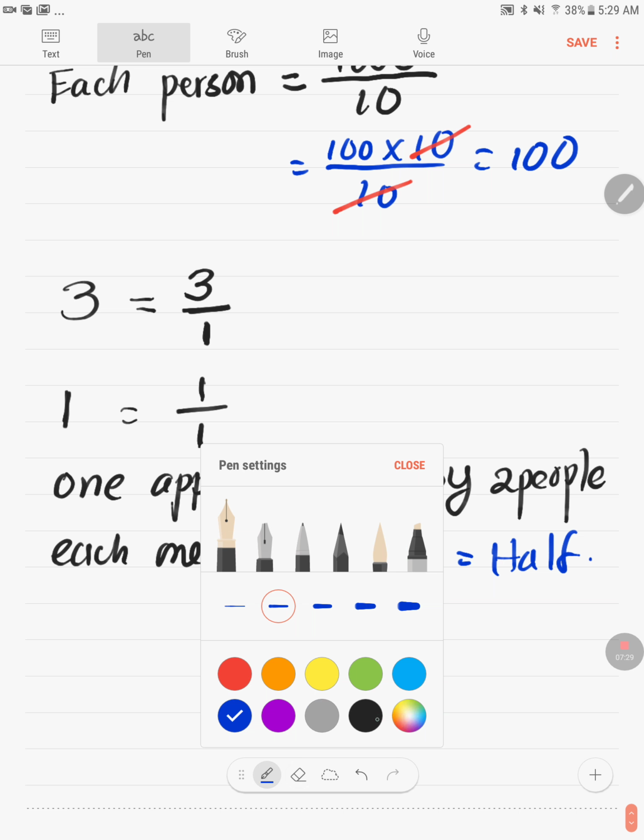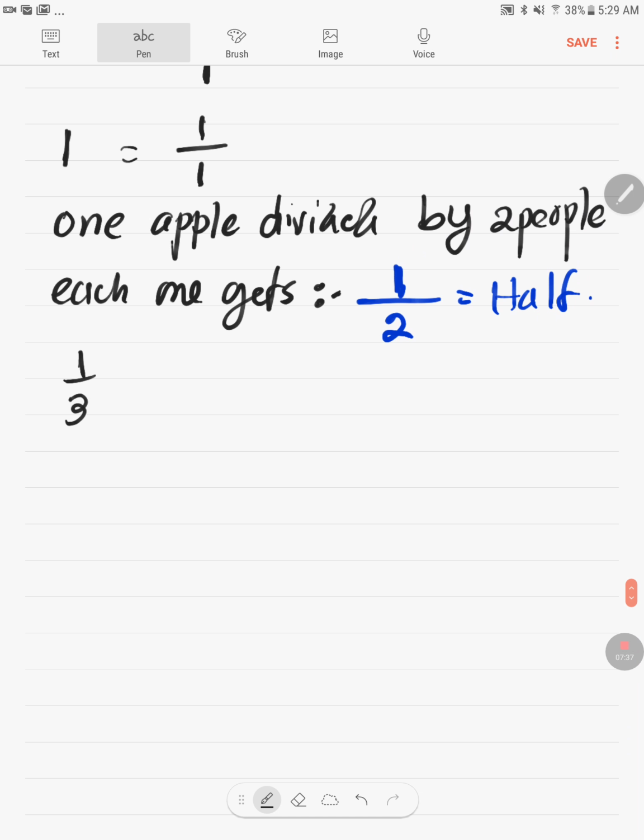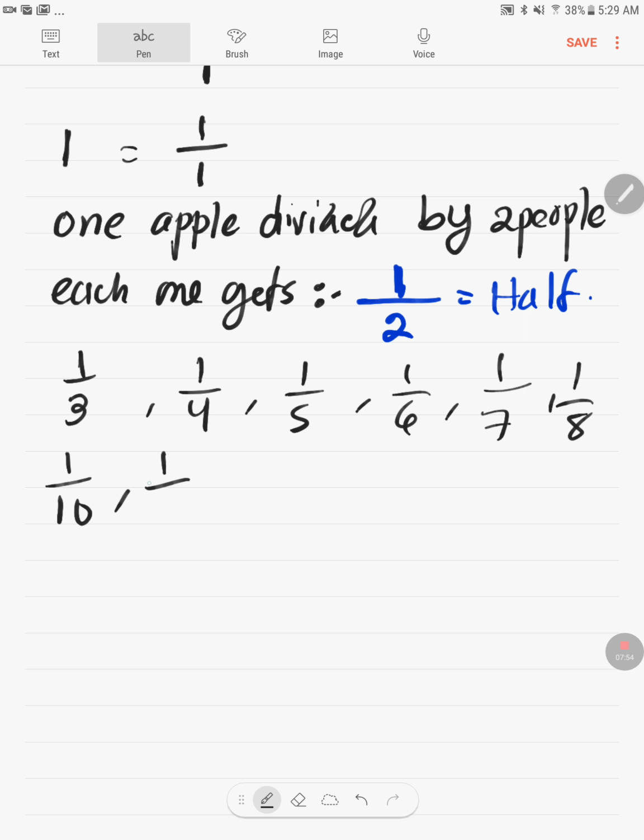And similarly, we could do a similar derivation for 1/3, 1/4, or a quarter, 1/5, 1/6, 1/7, 1/8, 1/10, 1/11, and so on.